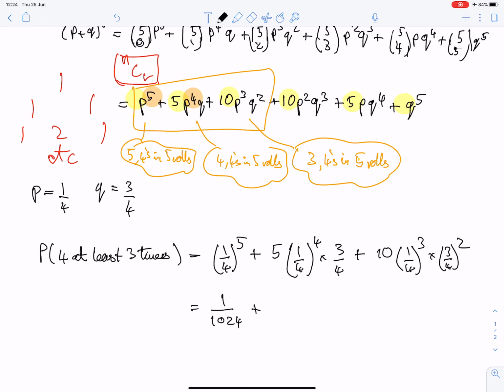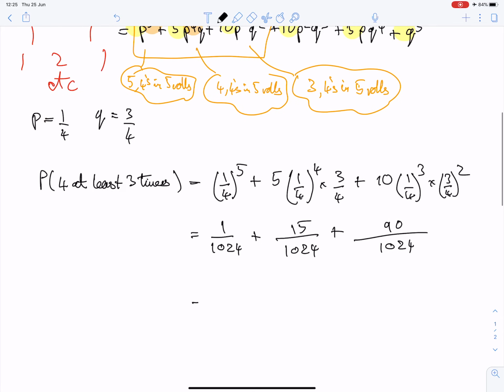Plus, well, the bottom again, we've got 4 to the power 5, so that's going to be 1024, and on the top we've got 5 times 3, which is 15, plus again we've got 4 to the power 5, which is 1024, because that's the same as 2 to the 10, and on the top we've got 10 times 3 squared, which is 90. So this is equal to 106 over 1024, which simplifies to 53 over 512.